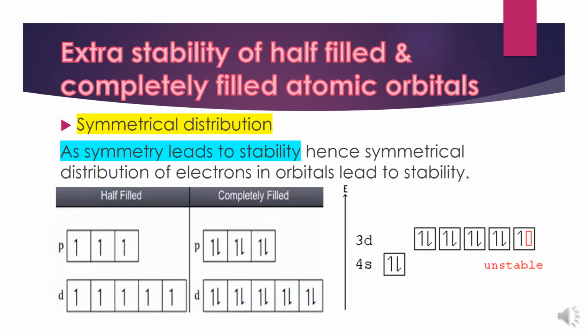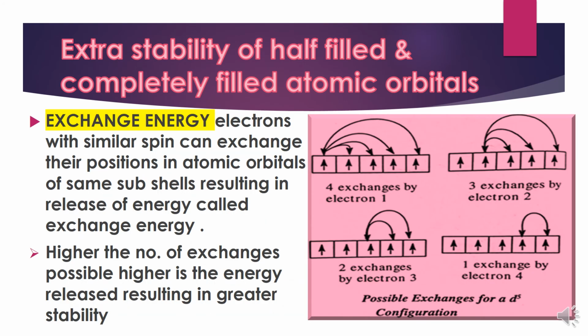So electrons cannot jump from s to p to give that more stable configuration, whereas it can take place easily here because the 4s and 3d orbitals are quite close in energy. So this transition is easier in d orbitals. So this is the first reason: symmetrical distribution of electrons in d orbitals leads to extra stability. The second reason is exchange energy.